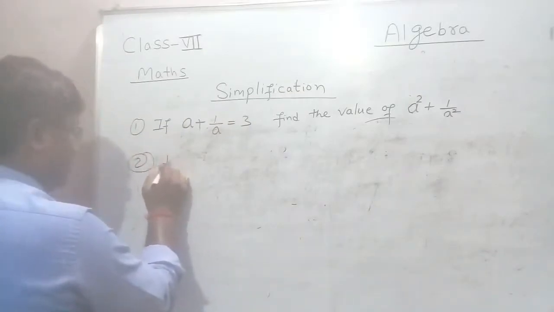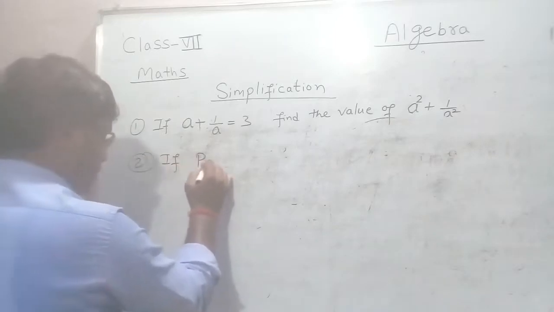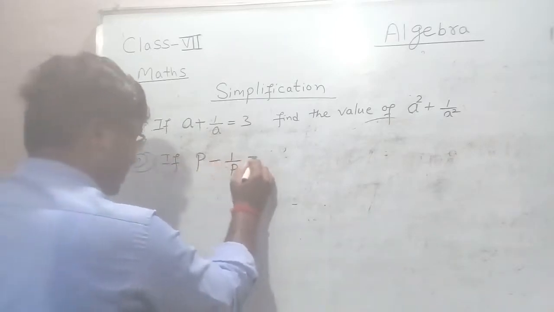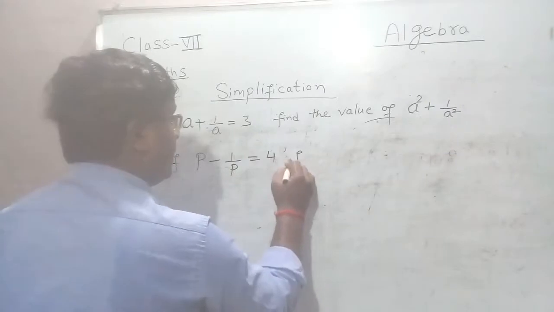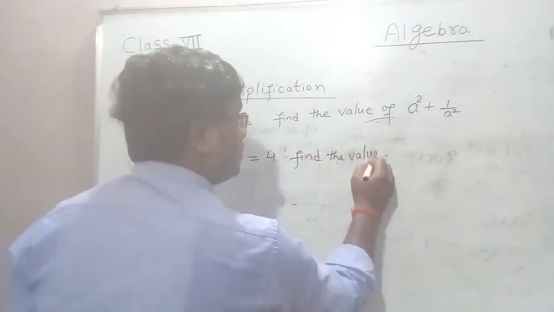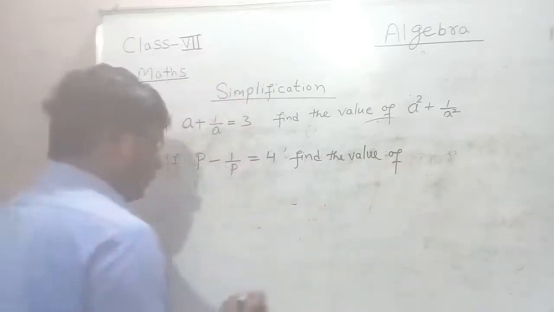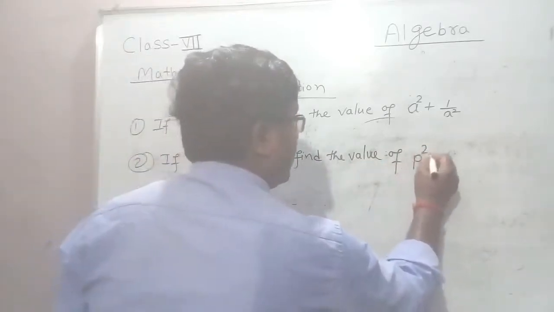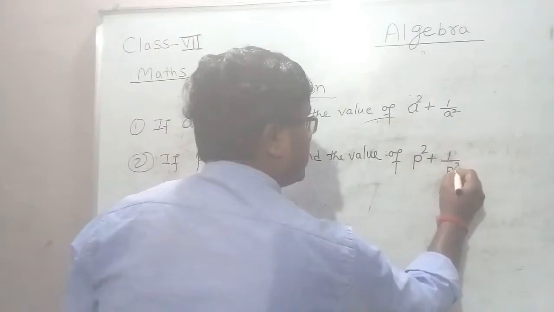Second question is, if p minus 1 upon p is equal to 4, then find the value of p square plus 1 upon p square.